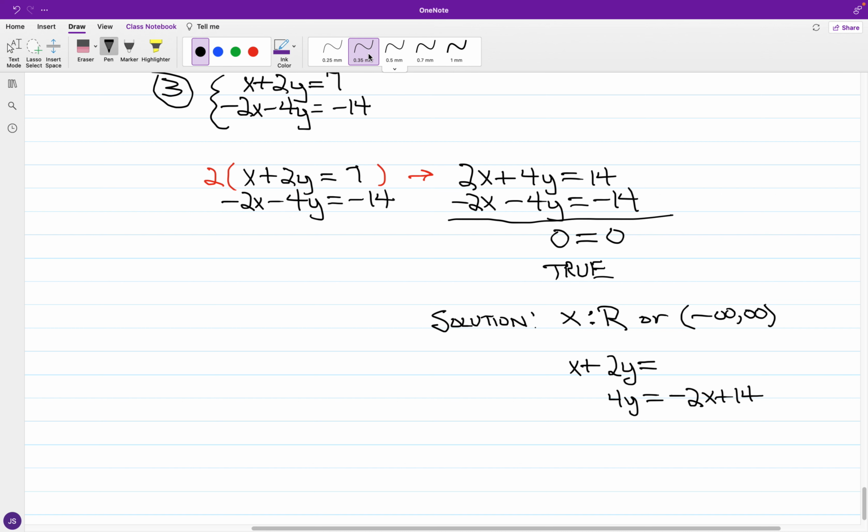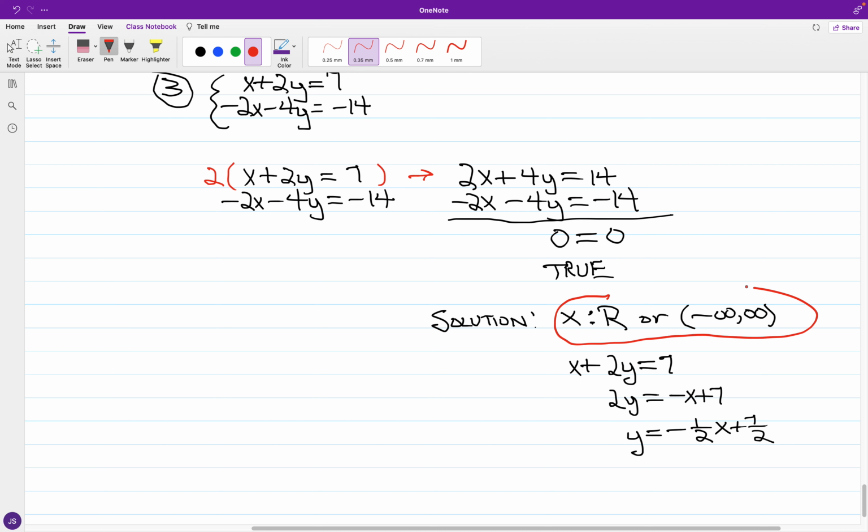So you have x plus 2y is equal to 7, and I can isolate the y term. So you have 2y is equal to negative x plus 7, and we have division by 2. So you can say that y is equal to negative 1/2 of x plus 7/2.